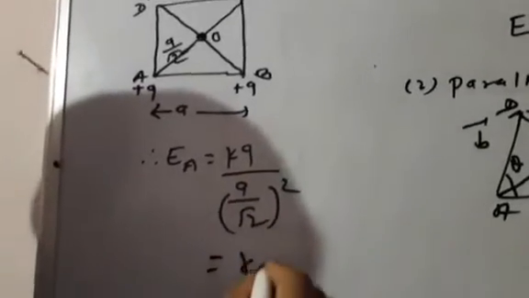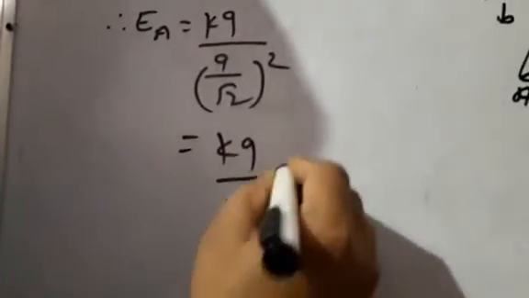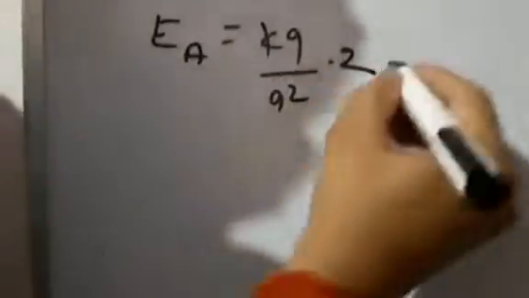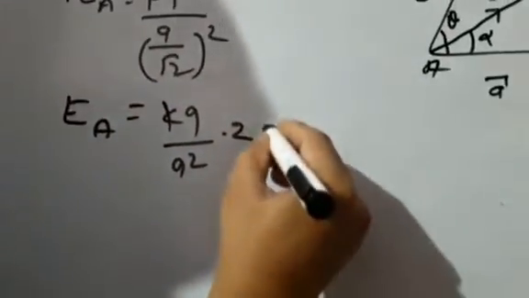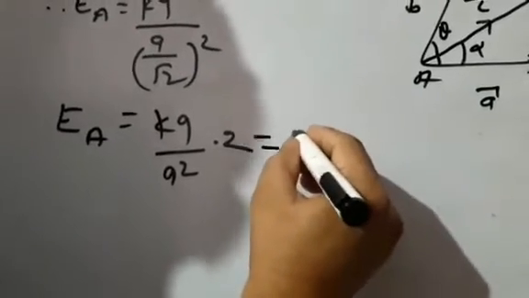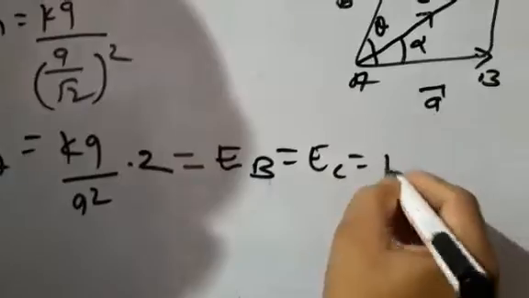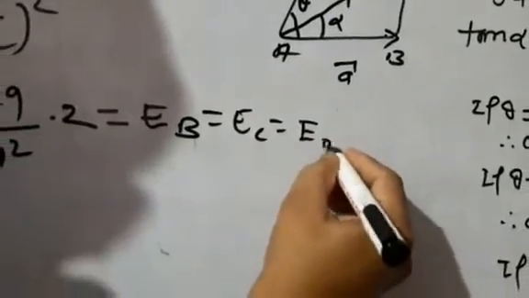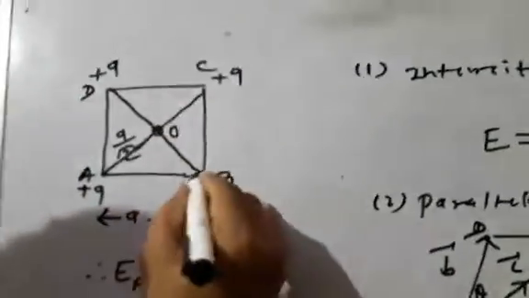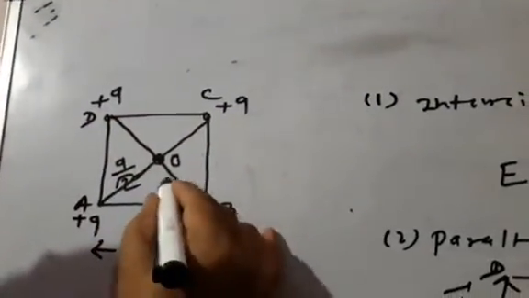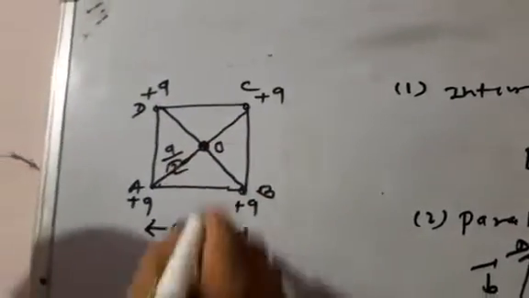That means constant Q upon A square into 2, which is also equal to intensity due to B, intensity due to C, intensity due to D, because magnitudes of charges are same and distances AO, BO, CO and DO are also same.